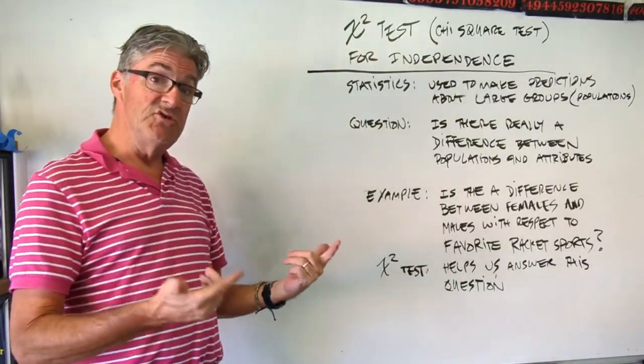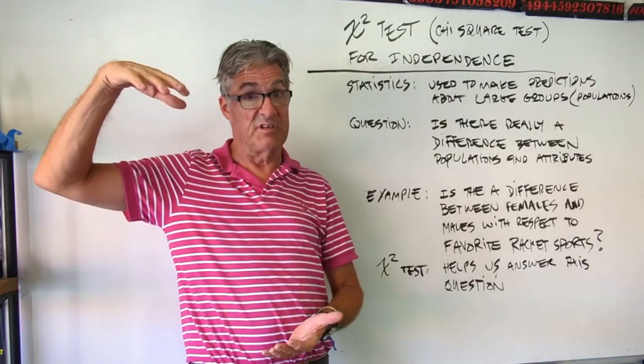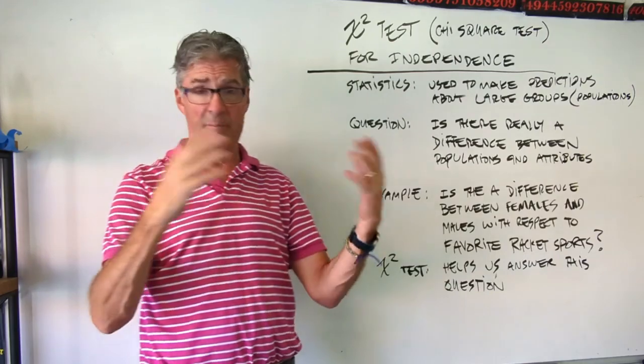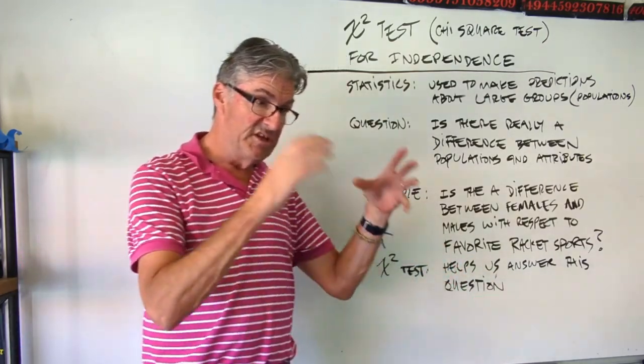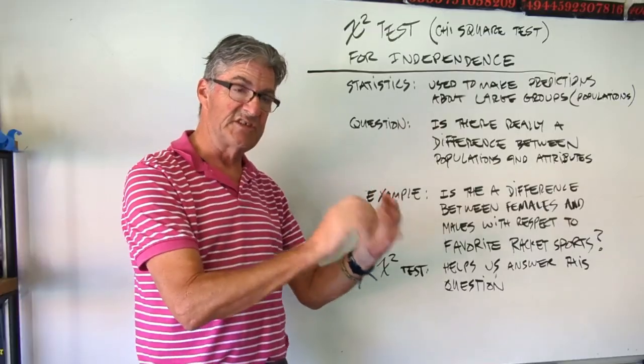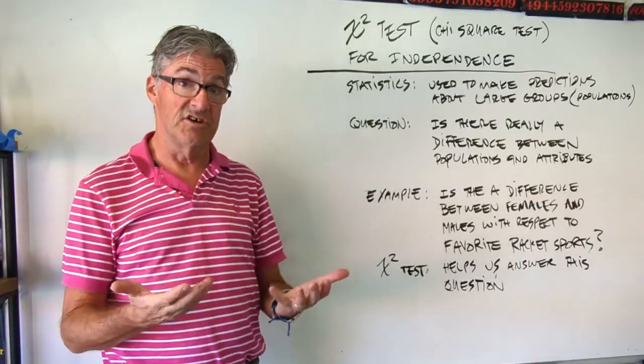So what we do is we analyze a smaller sample of that population. We interview them or give them a survey, and we do statistics on that sample, and then we use the results of those statistics to make predictions about every high school student in the country.